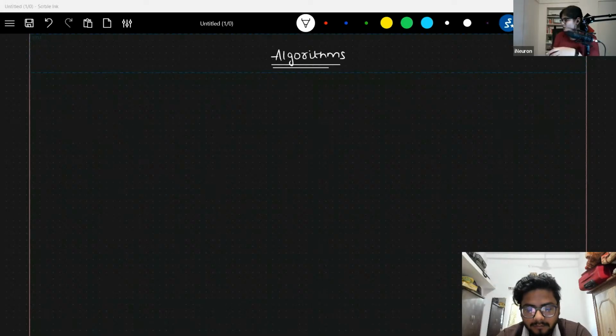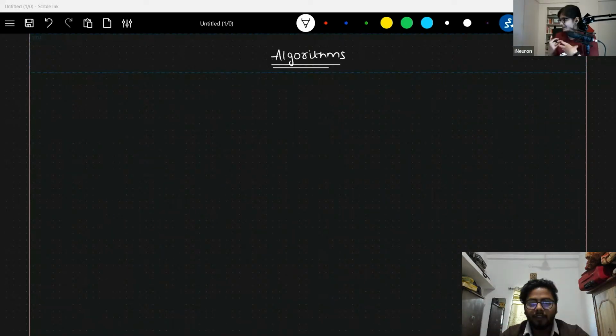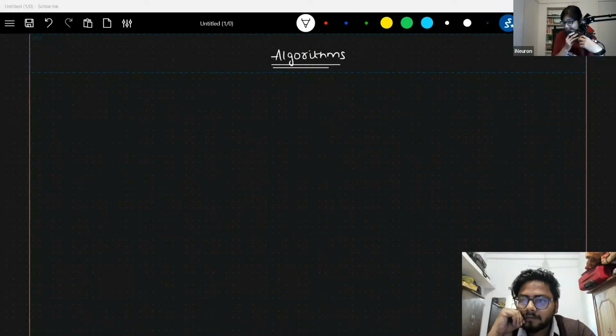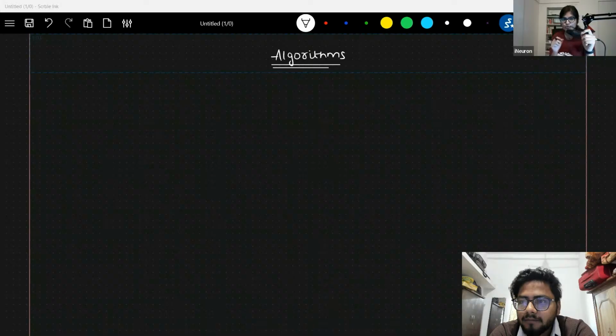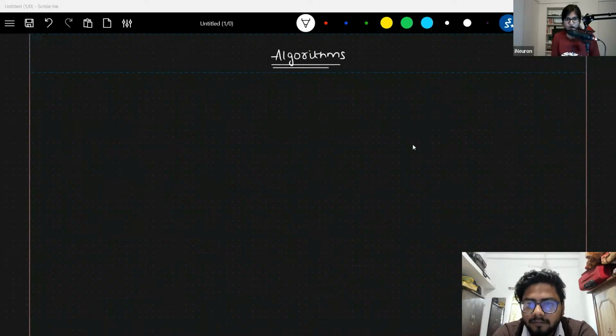Whatsoever definitions you guys gave to me about the algorithms, it's all correct. So basically, what is an algorithm? It's a sequence of steps which is basically used to perform some specific task. So whenever we hear this word algorithm, it is something which is a sequence of steps.